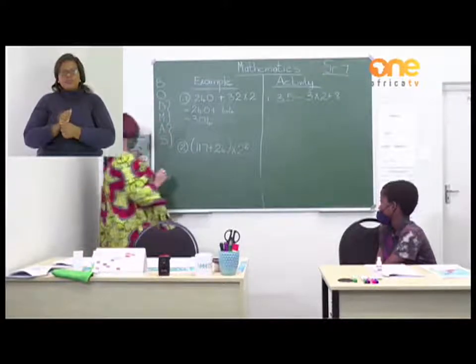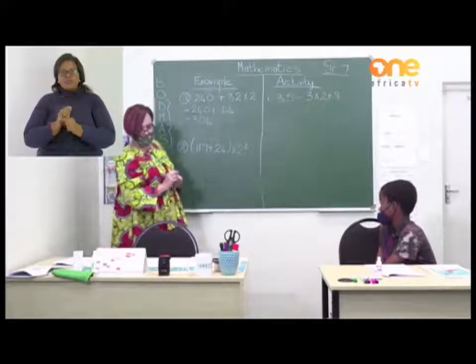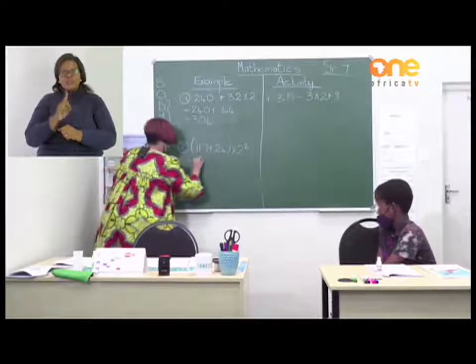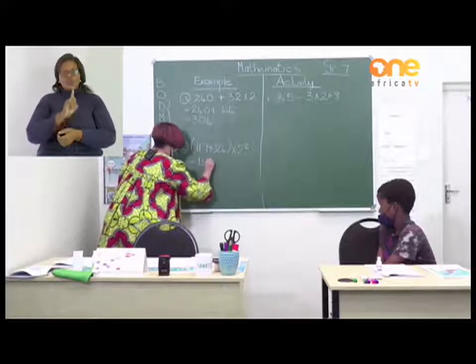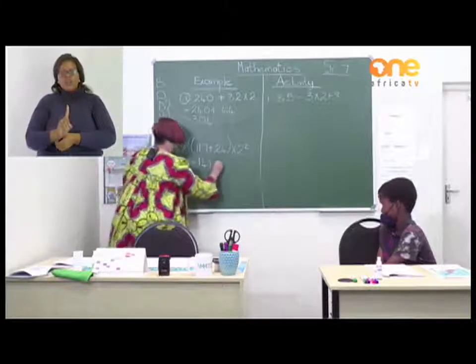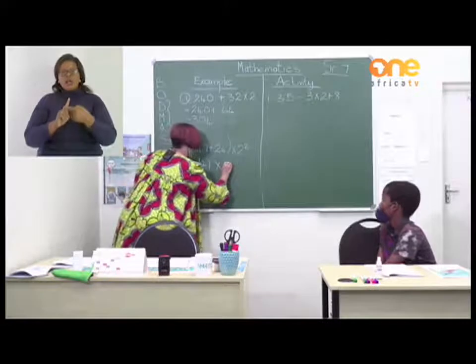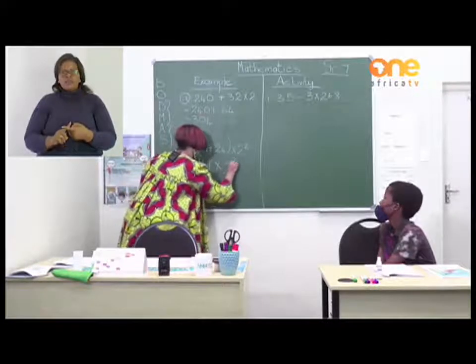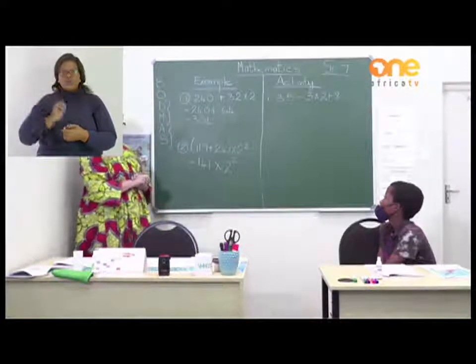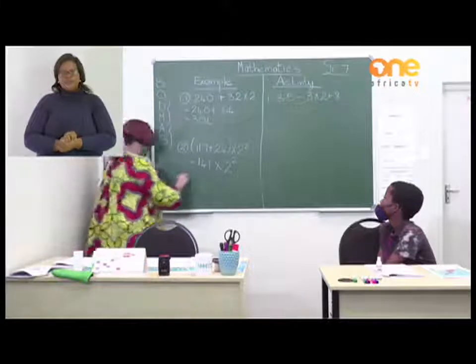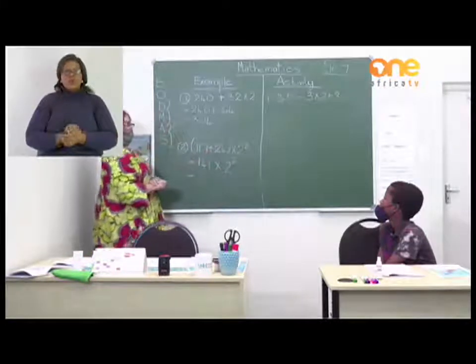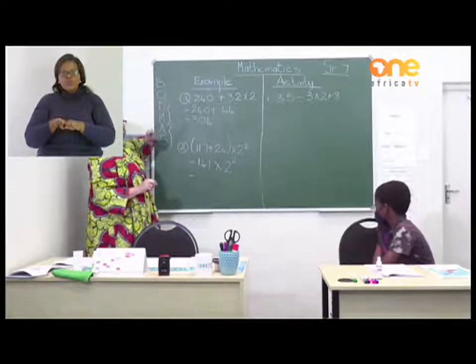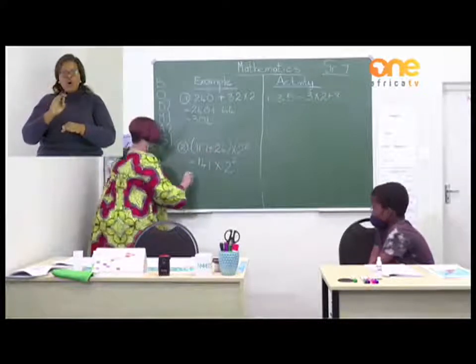So 117 plus 24 gives me 141 times 2 squared. So what will I do now? I will do my exponent or order next.